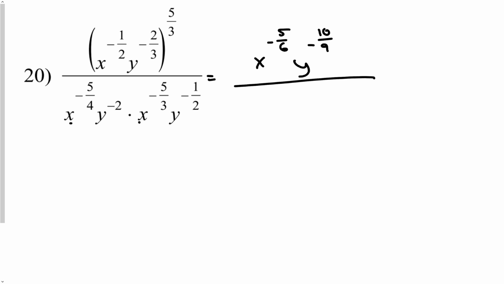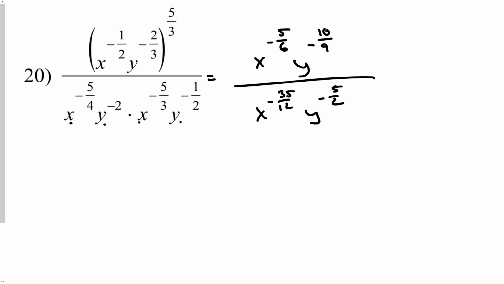So we need a common denominator, which is 12. So 5 over 4 and 5 over 3 give me 35 over 12. So that's negative 35 over 12. These two go together. A little bit easier there. Common denominator is 2. So that's negative 2.5, negative 5 over 2.